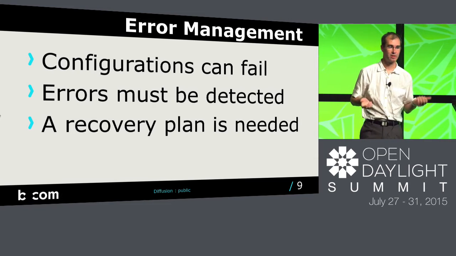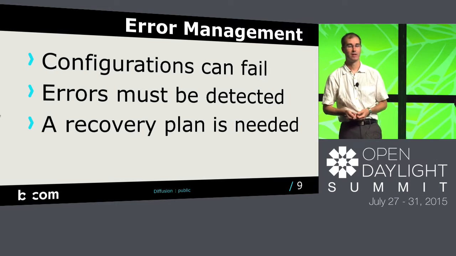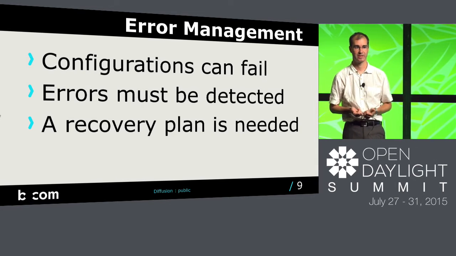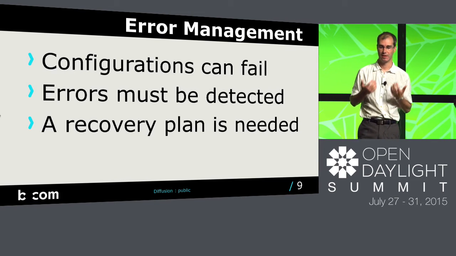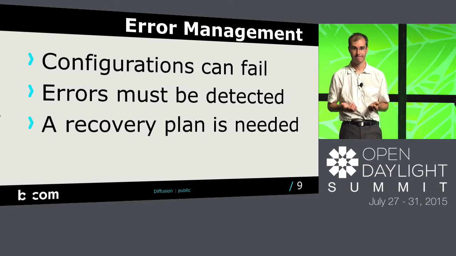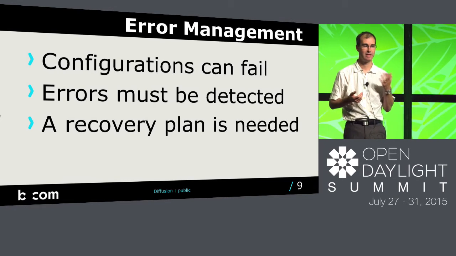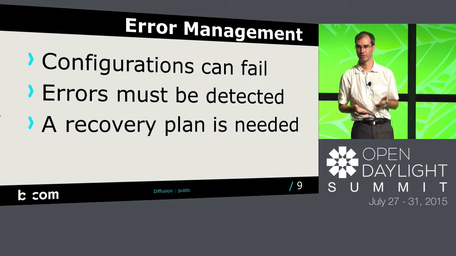So when configuration fails, you have to handle this. To do this, you first have to be able to detect that an error occurred, and then you have to have a recovery plan to recover from the error. And we'll see later two different strategies that can be used to recover from errors.